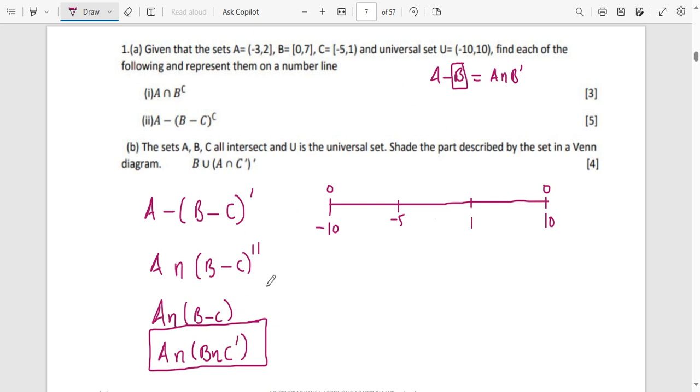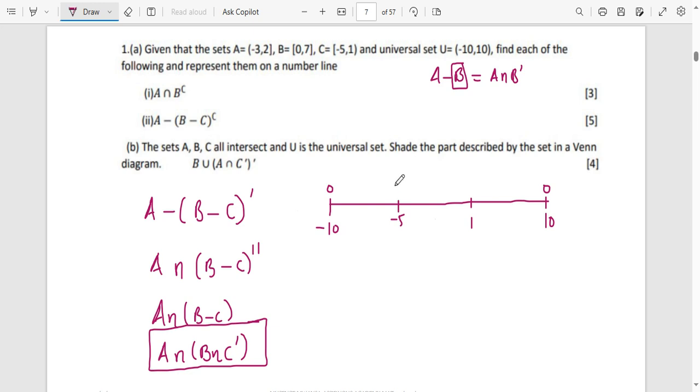Now, because I want C complement, look at this. Is -5 part of the set C? So is it going to be part of the complement or not?